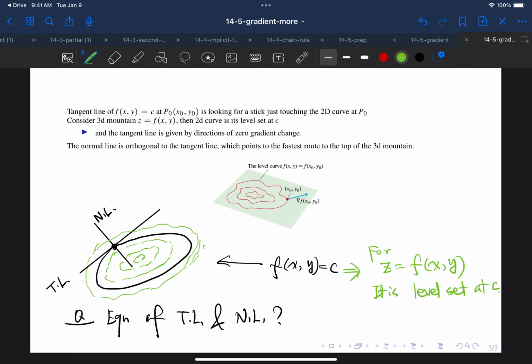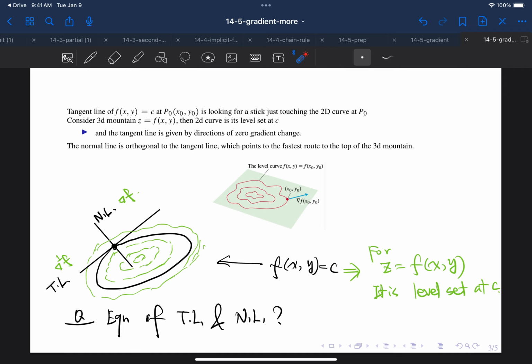So the normal line has the same direction as gradient f. And if you want to maintain your height, or hike at the same level, then the direction is supposed to be perpendicular to this gradient f.